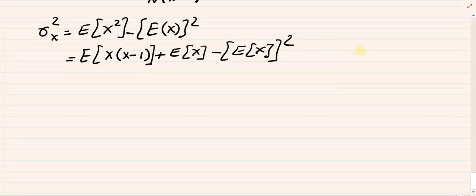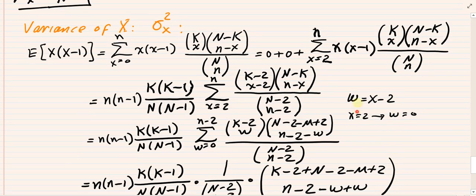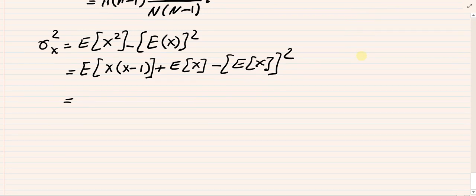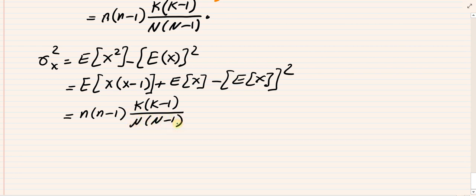Okay. Now the expected value of x times x minus 1 is the one we just did, right? So that's going to be n minus 1, k minus 1 divided by n minus 1. We just showed that one, plus the expected value of x, which is going to be n k over capital N. We did that earlier also. And then you square this. You get n squared k squared over capital N squared.